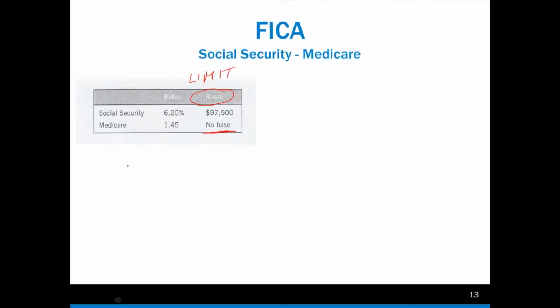So if you had $2,250 from our payroll register, or $400 like our example that we've been using, 10 hours a week at 40 hours a week, for Medicare you would take 1.45% of the full $400, or 1.45% of the full $2,250. But Social Security works different. It has a base, a limit of $97.5.